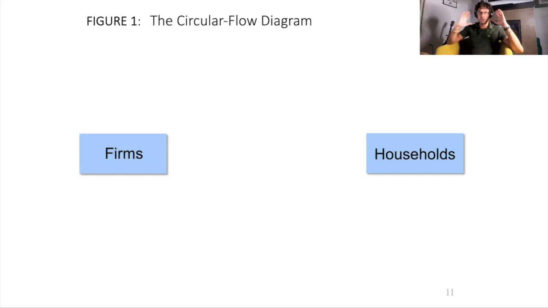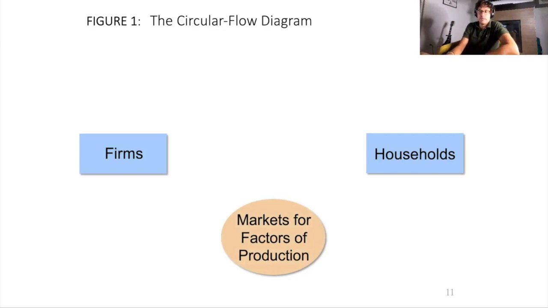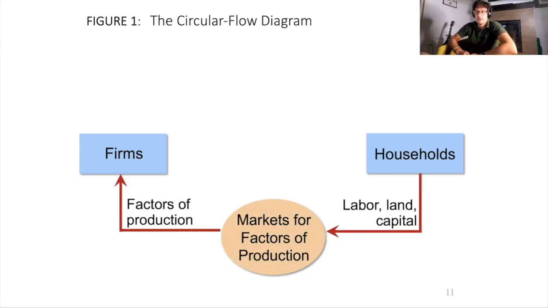So, the goal of this model is to illustrate, if you want, the flow of goods and dollars in this economy. So, let us start basically from the flows of goods. First of all, the households supply particular goods, which are labor, land, and capital, to the firms.